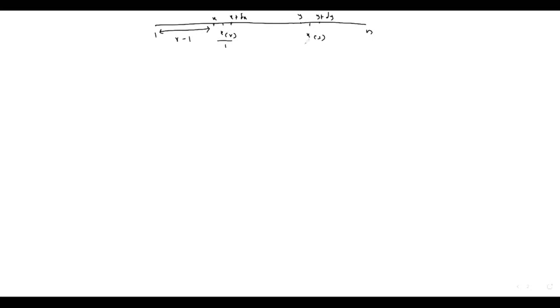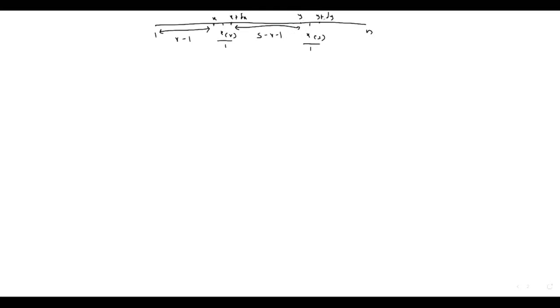In y to y plus delta y, again I have only a single element, the S-th element. In the region from x plus delta x to y, up to y I have S elements, and R of them are already counted, so we have S minus R minus 1 elements.